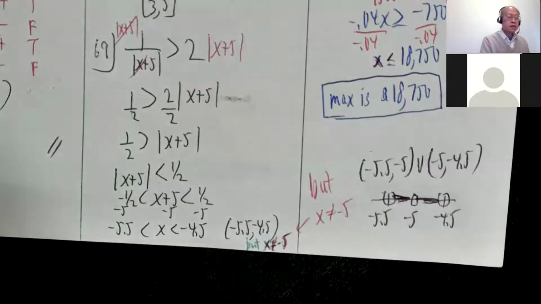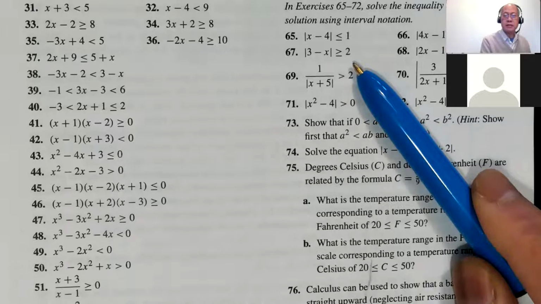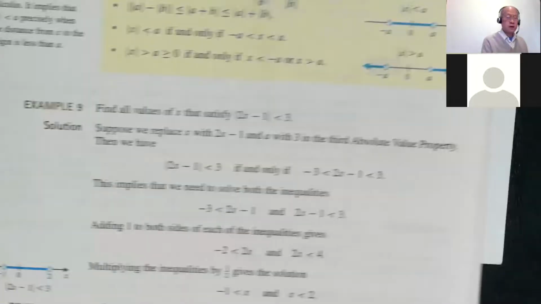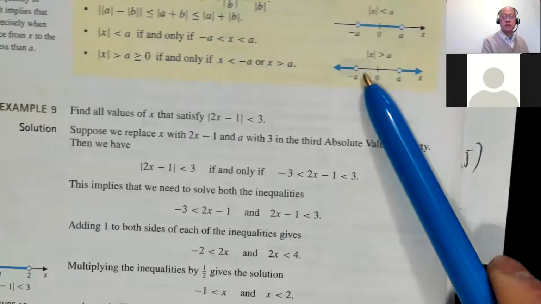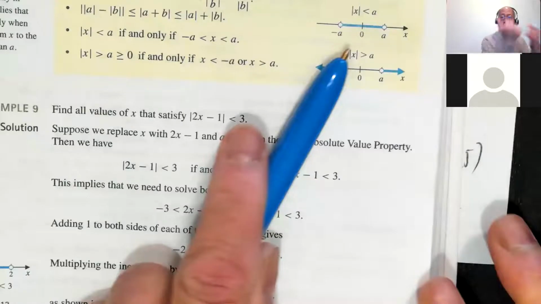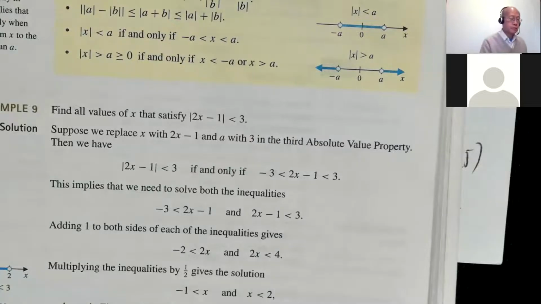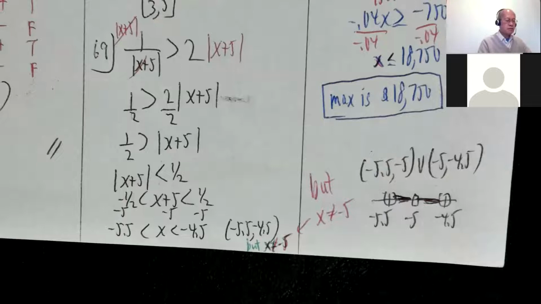Okay, in 67, is the greater than or equal to case, which means I do this. I have the two extremes. I have the number and its opposite, and I go out to infinity and negative infinity. So that means this.